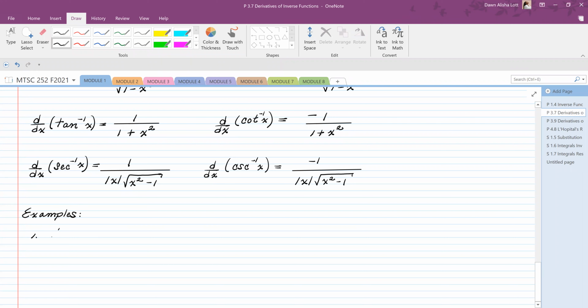So f of x is x squared times the tan inverse of x, then f prime of x is the derivative of the first, which is 2x, times the second, tan inverse of x, plus the first, which is x squared, times the derivative of the second, which is 1 over 1 plus x squared.